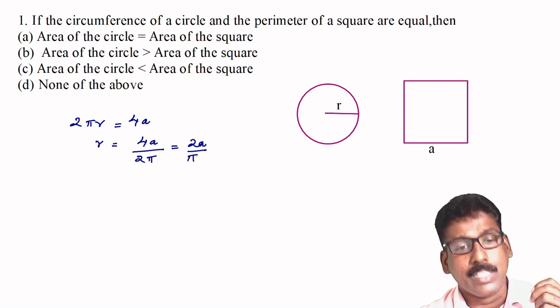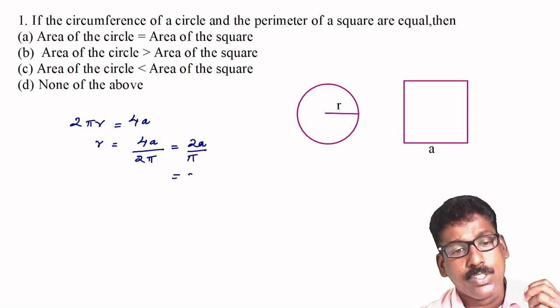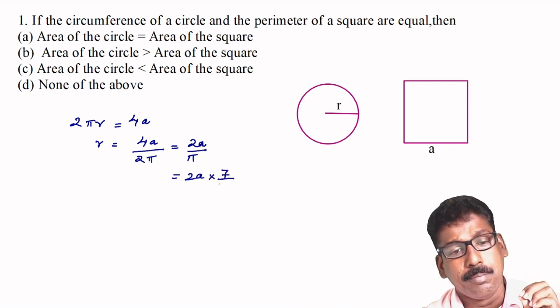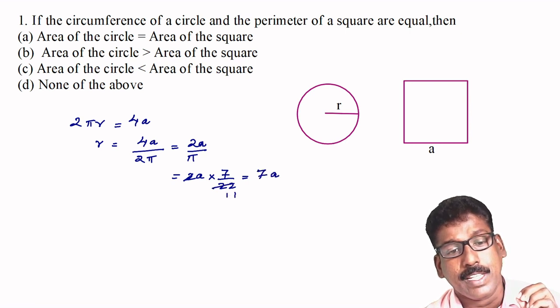Pi you can take as 22 by 7. So it is 2a divided by 22 by 7, which is 7a by 11.